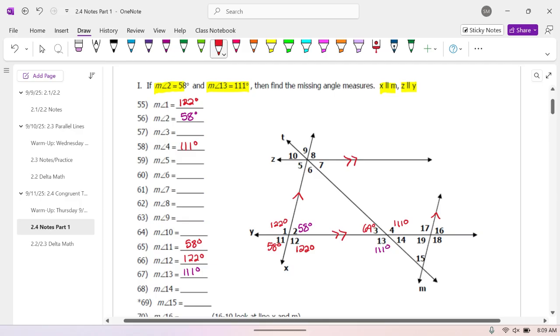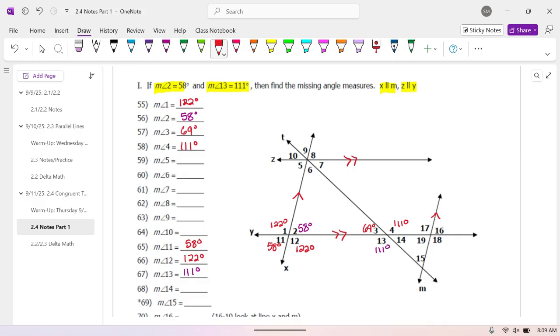They're linear pairs. All right, someone else. 14 is 69 because it's vertical to 3. Good. All right, someone else.